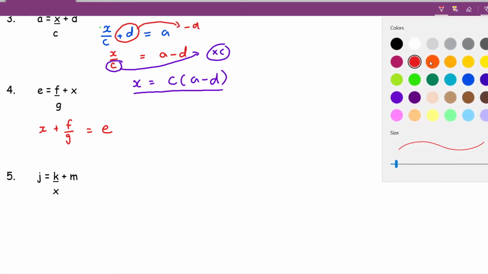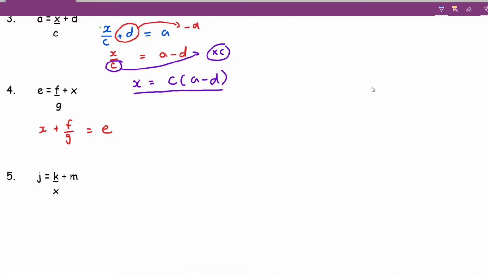So I just need to take this fraction to the opposite side, and the opposite of plus f over g is minus f over g. So x would end up being e minus f over g. Now this one looks pretty difficult, but actually it's straightforward. It's just like having a number on this side, taking it to the other side.